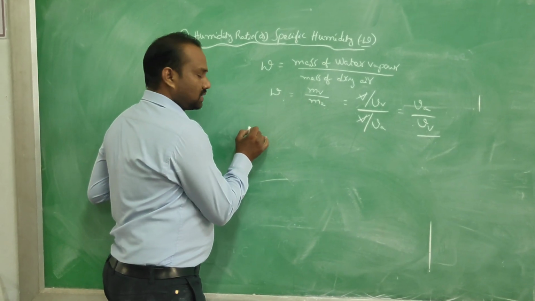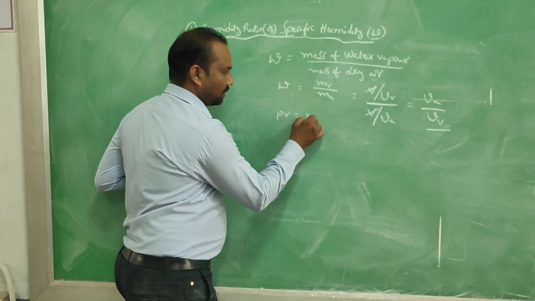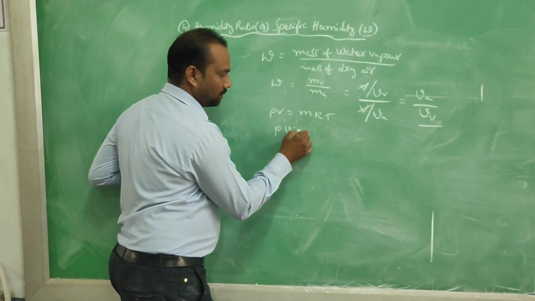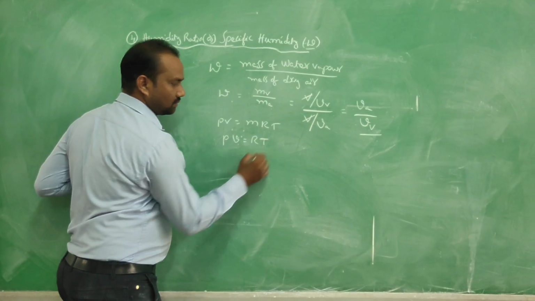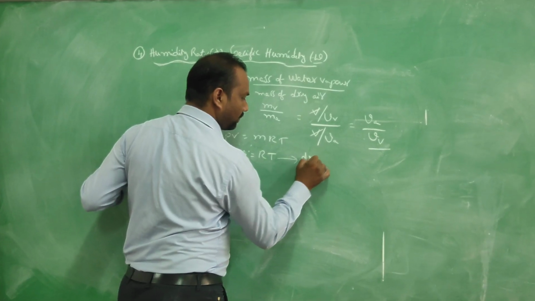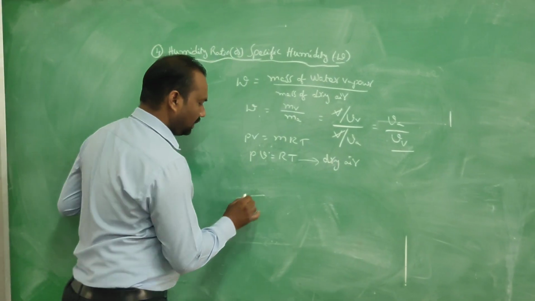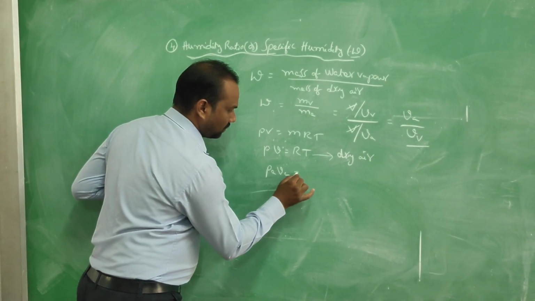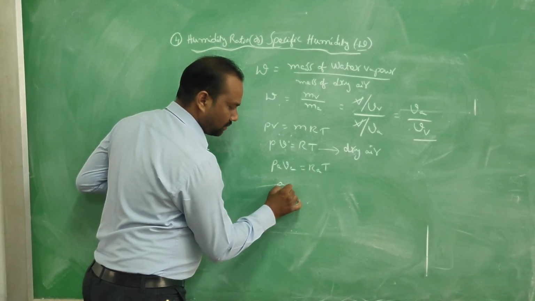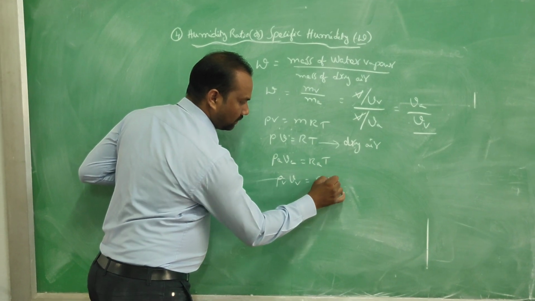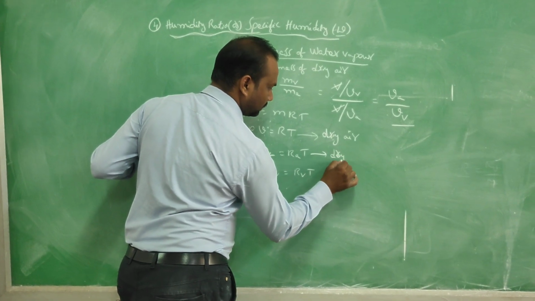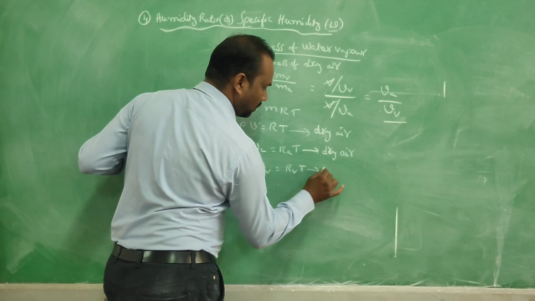As we know, the characteristic gas equation PV equal to mRT, or this volume by mass is called specific volume, so Pv equal to RT, right? If it is applied for the dry air, then it is PA vA equal to RA T. Similarly, if I apply for water vapor, then PV vV equal to RV T. So this is dry air and this is water vapor.